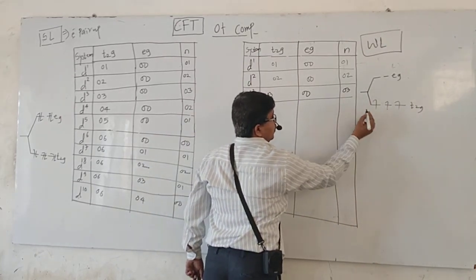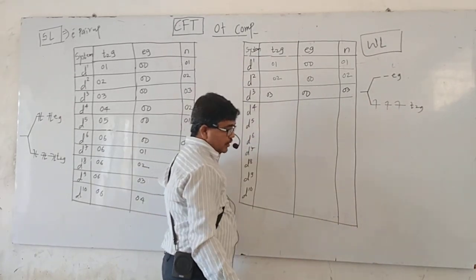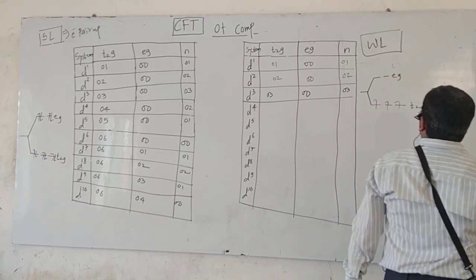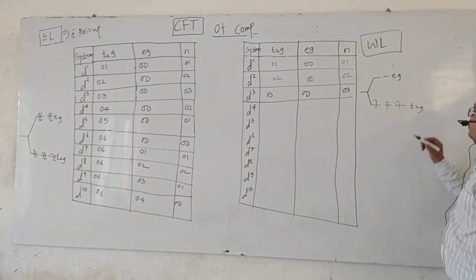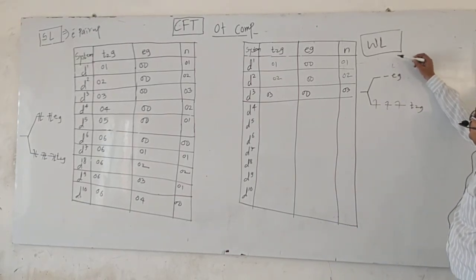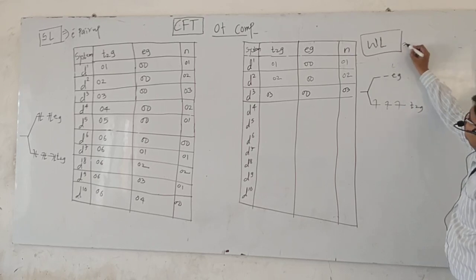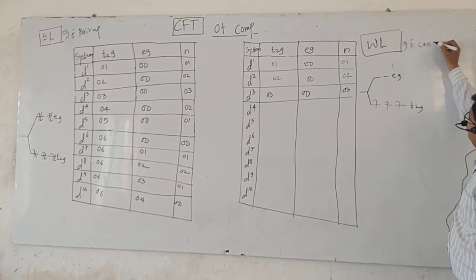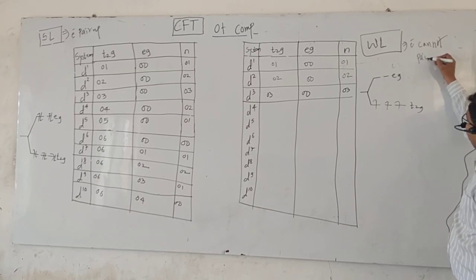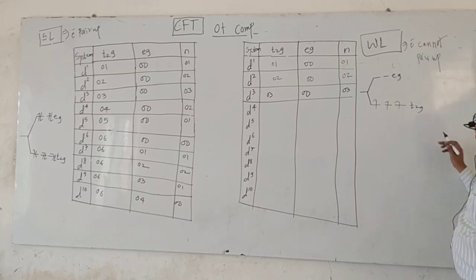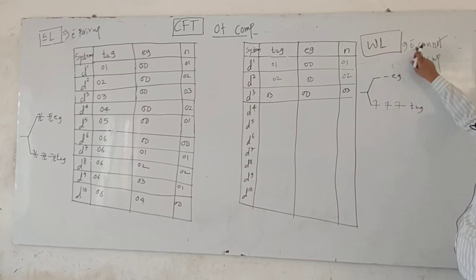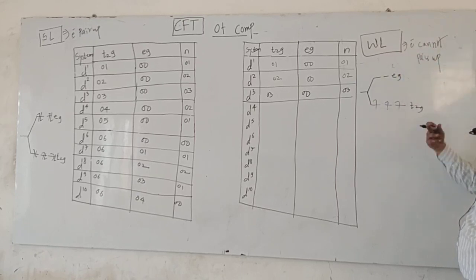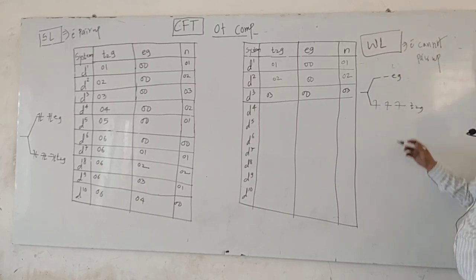Now d4, the fourth electron, either it will do pairing or it will enter into eg. In case of weak ligand, electrons cannot pair up. Electrons cannot pair up, which means the fourth electron will enter here.